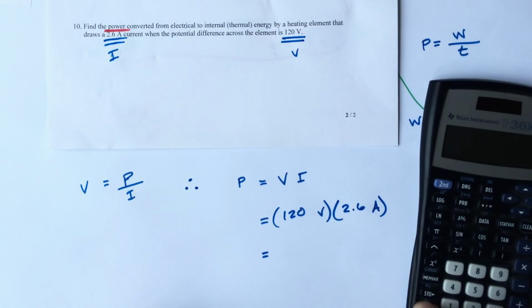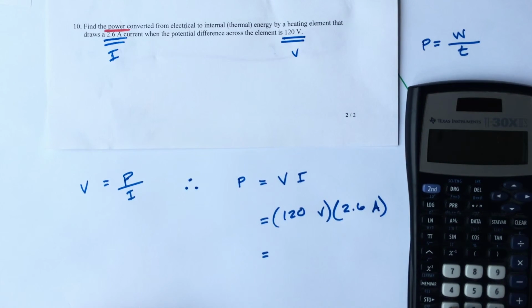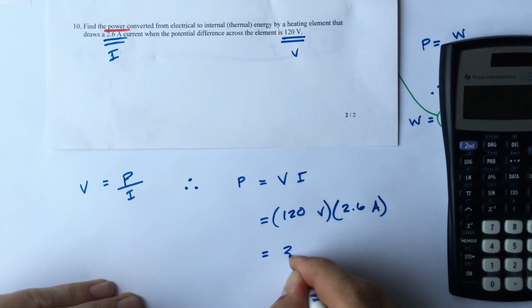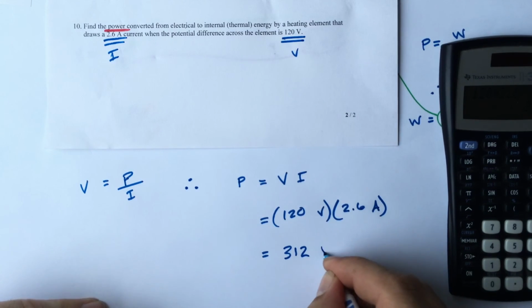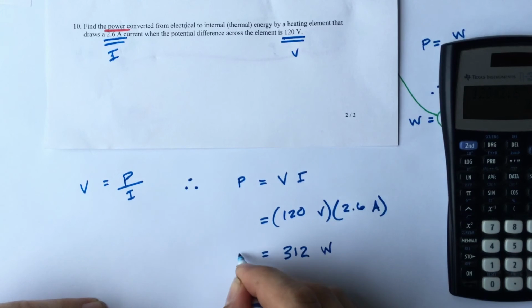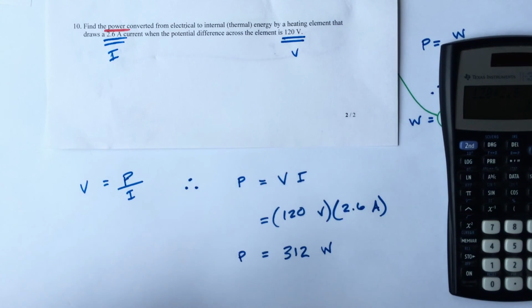Need my calculator because I haven't done it yet. 312. And the unit of power is the watt. So for number 10, you should get an answer of 312 watts.